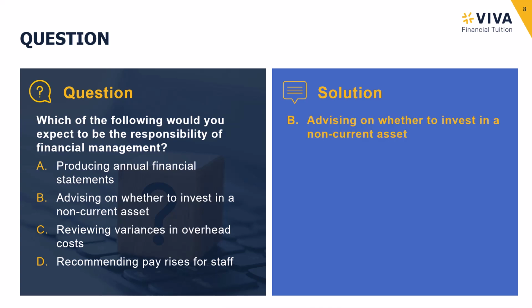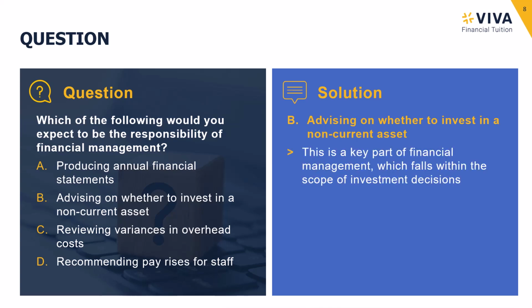Now, the solution in here, guys, is advising on whether to invest in non-current assets, because that will be a typical decision that the financial management will have to make within an organisation. It is a key part of financial management, and it falls within the scope of investment decisions that the organisation makes.